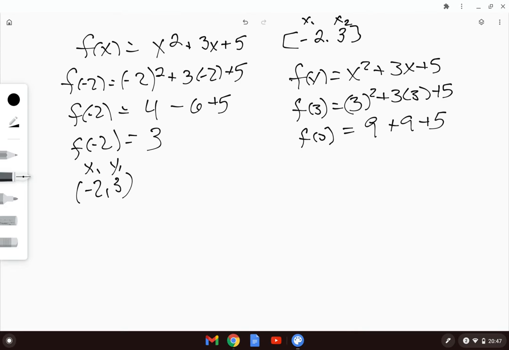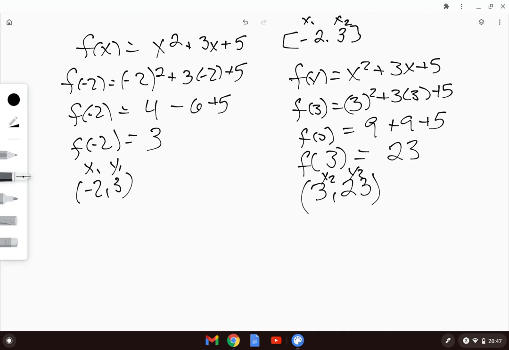Here my f of 3 is going to equal 23, because 9 and 9 is 18, plus 5 is 23. So that means my ordered pair for the second point of this interval is going to be (3, 23). So that's x2 and y2.